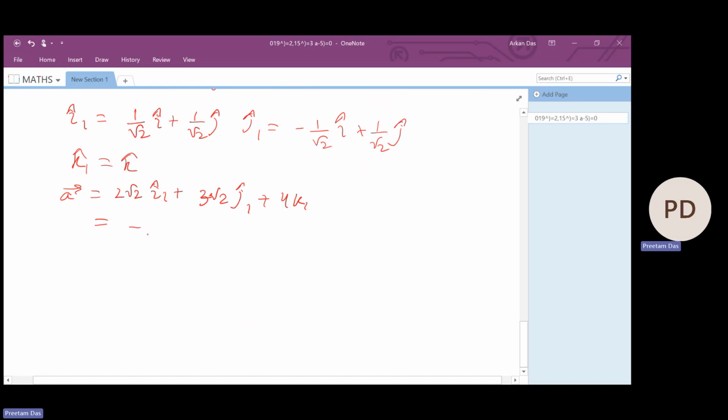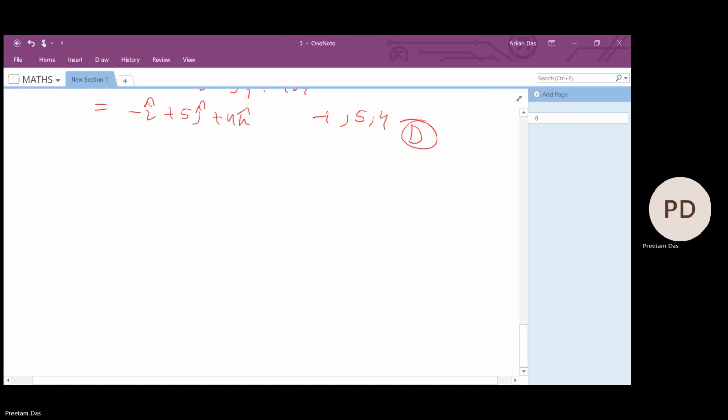If you substitute and simplify, you will get it 5 J cap, 4 K cap. So what are the components of this vector? Minus 1, 5 and 4. So which option is correct? No option is there which matches. It will be the fourth one, none of these. Okay. Let us see the question number 8.